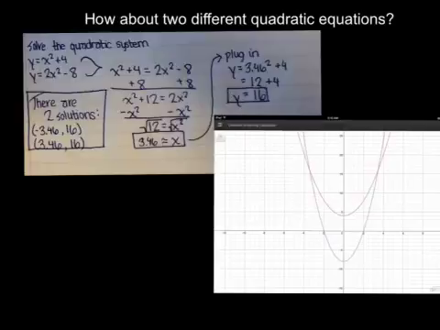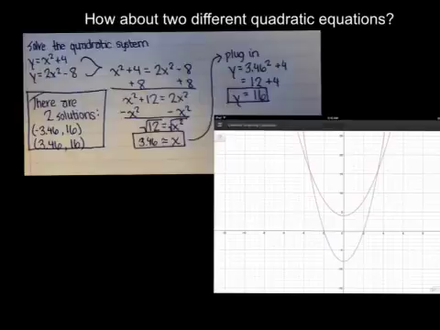So we will add 8 on both sides and get x squared plus 12 is equal to 2x squared, and then we will subtract x squared on both sides to get 12 is equal to x squared. And then to get our x value, we will find the square root. We will square root both sides to get the square root of 12, which is about 3.46.